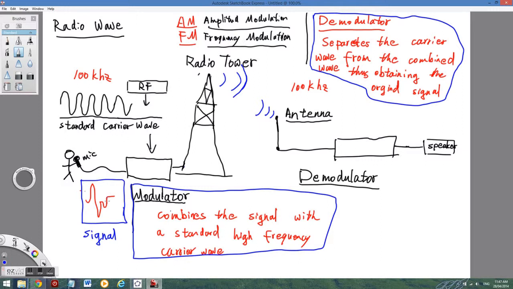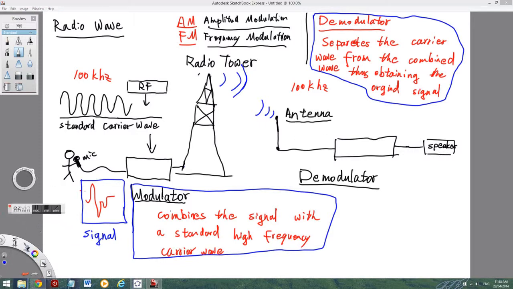We always have a signal and a carrier wave, we combine them, then we transmit it. On the other side, when we receive the signal, we take away the carrier wave, leaving only the signal, to the speaker or to wherever the machine is.